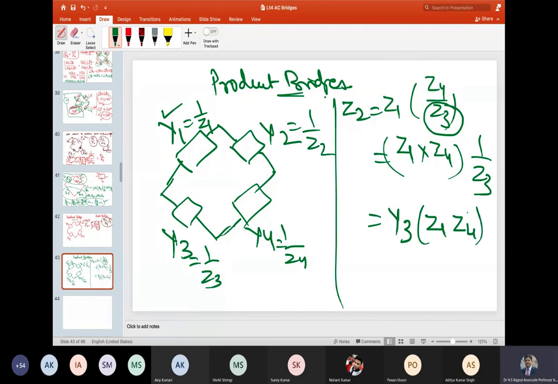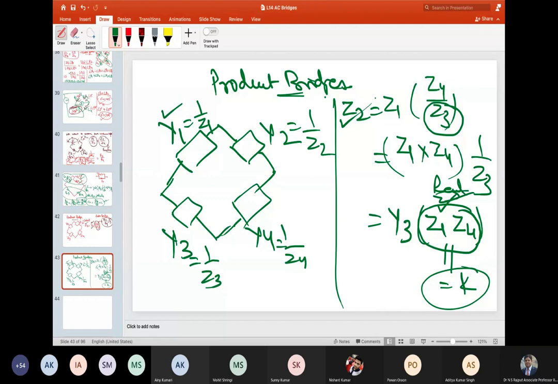So now Z1 and Z4 are purely real, right? So they become equal to a constant, and this constant gets multiplied by the admittance Y3. Okay, and this is equal to your Y2, right?